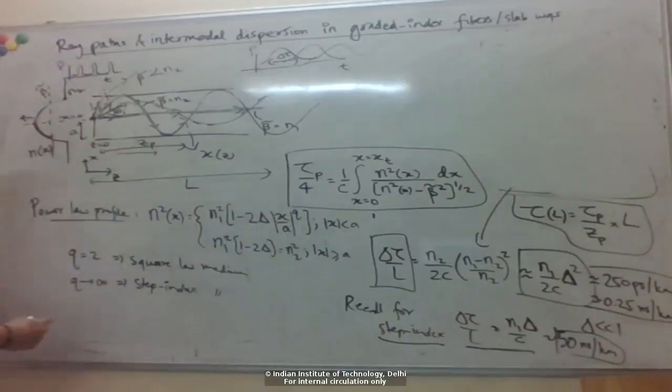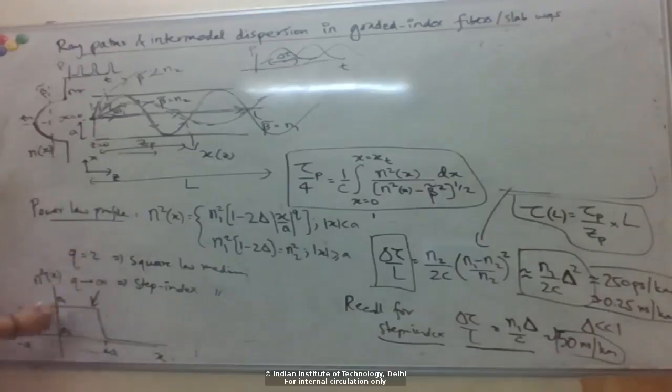So if I plot n square of x versus x for different q's, q equal to infinity is the step index. So the maximum value here is n1, the minimum value here is n2, and this is a. So this corresponds to q equal to infinity.